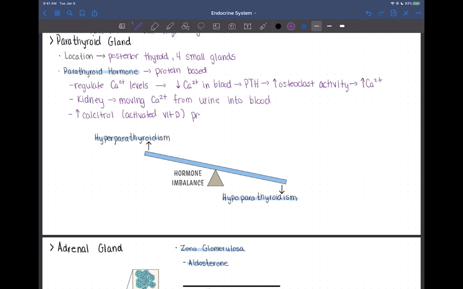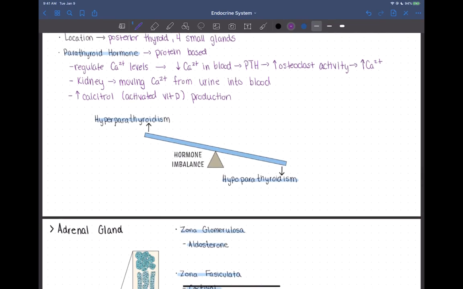So we're going to increase the production of that, the activation of that vitamin D. Good. So parathyroid hormone is all about maintaining calcium homeostasis in the blood.